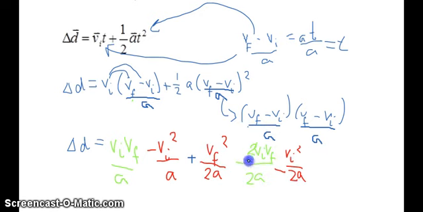You've got 2 VIVF over 2, and that cancels out. And wait a minute, over here, look, we've got a VIVF over A on the left to cancel this one out on the right. Goodbye. They're gone. Cancel them out. A positive VI squared over 2A here and a negative VI squared over 2A there.